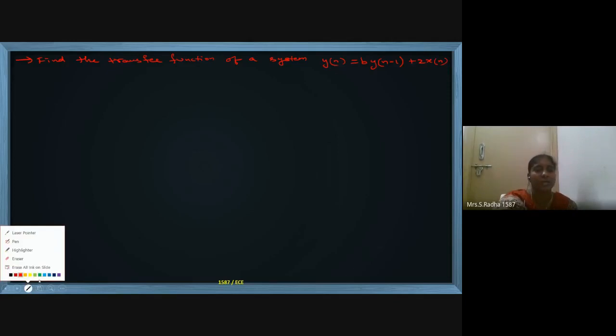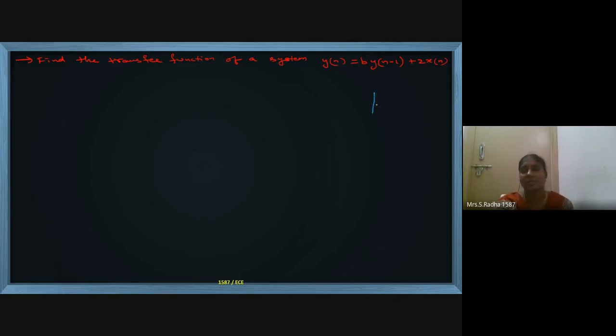So find the transfer function for the system. We have a system and the system input is x of n, output is y of n. Input and output are related by this equation. I will take the given equation as number 1.